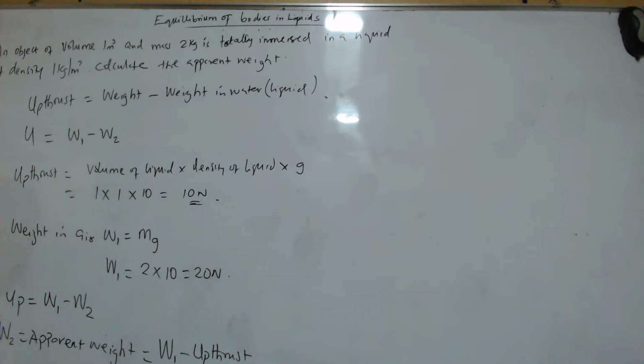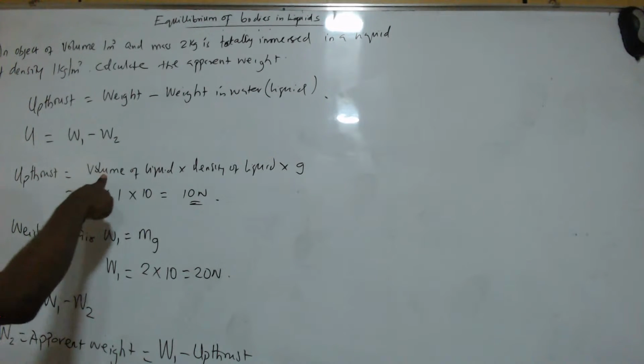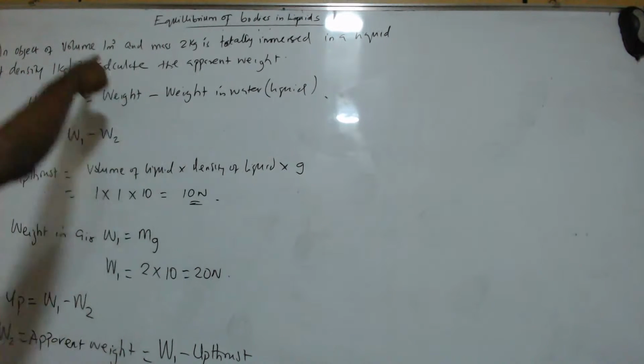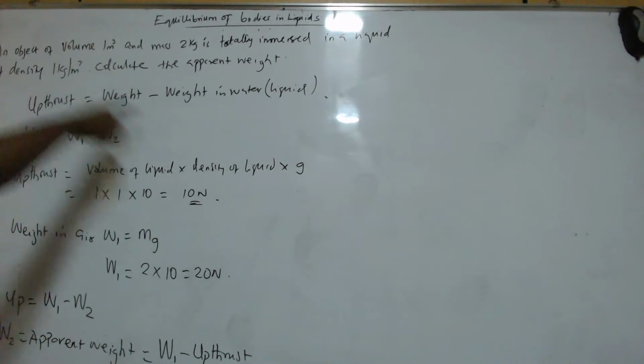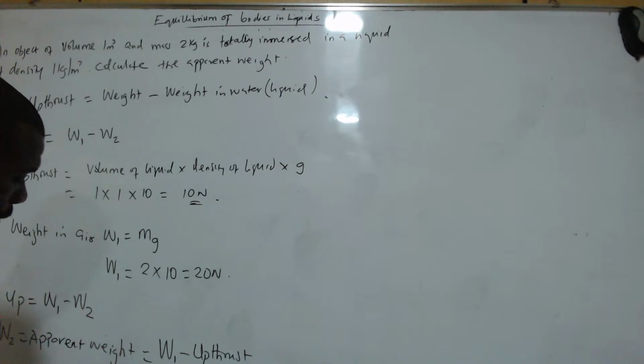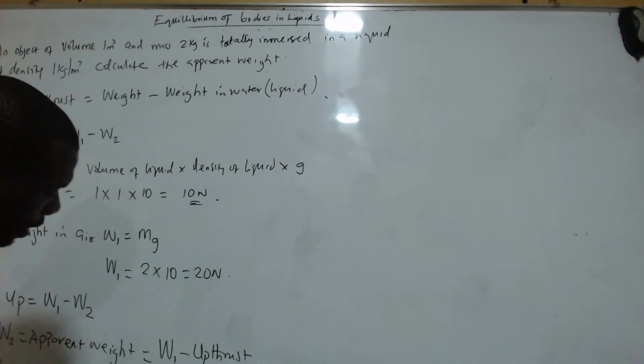So W1 is 20 Newton minus the upthrust, which is volume of the liquid times density of the liquid times g, which is 10 Newton. So our apparent weight will be 10 Newton. Answer.